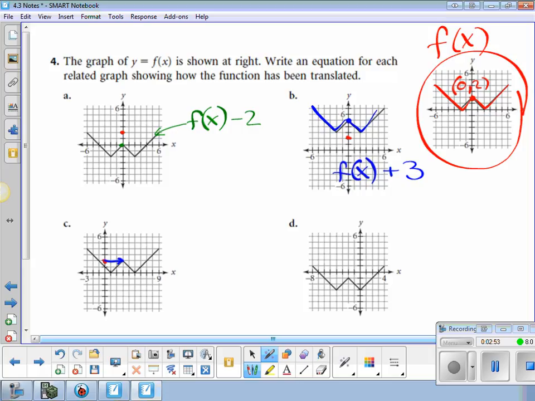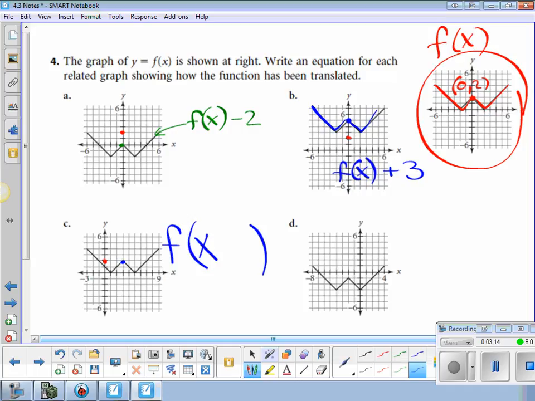Anytime it moves left or right, you're going to need parentheses with x in it, along with the number of units that it's shifted. So which way has it shifted and how much?